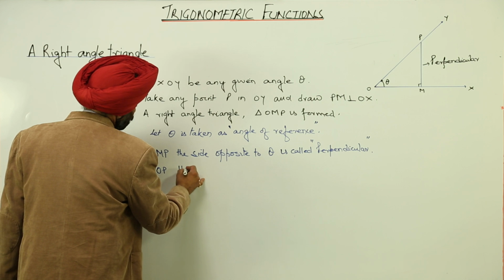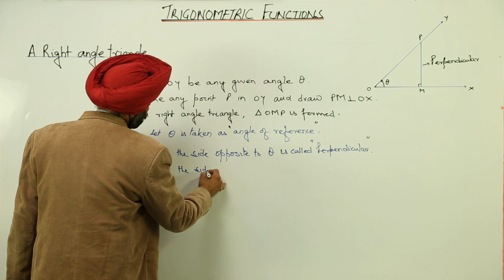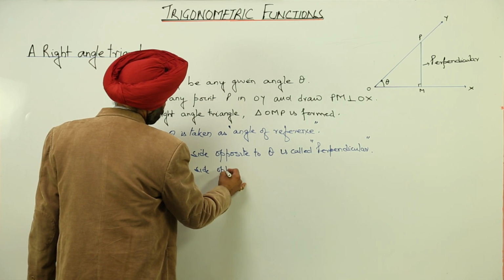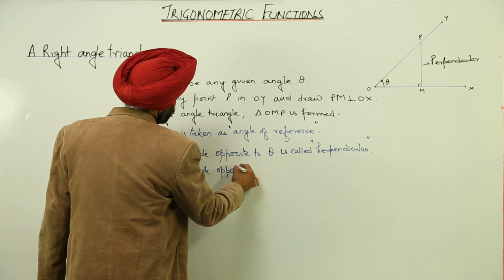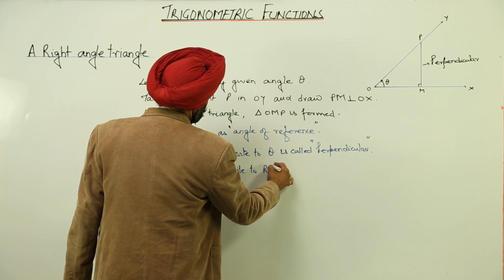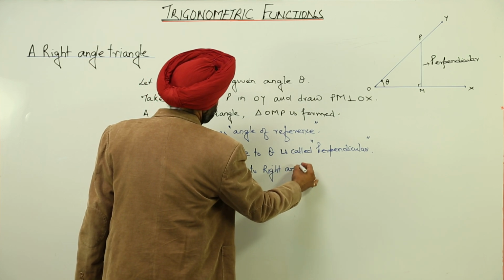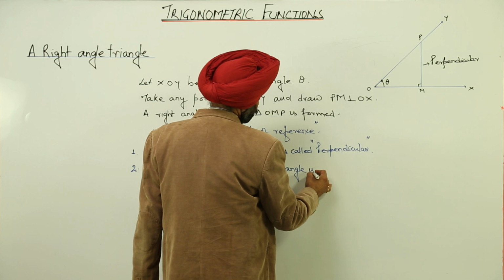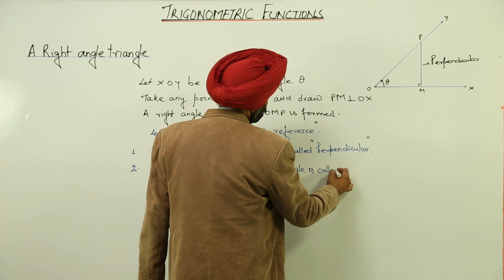OP, the side opposite to the right angle, is called hypotenuse.